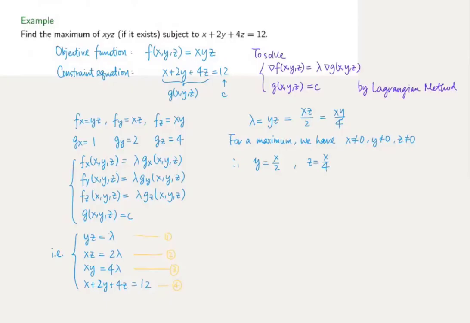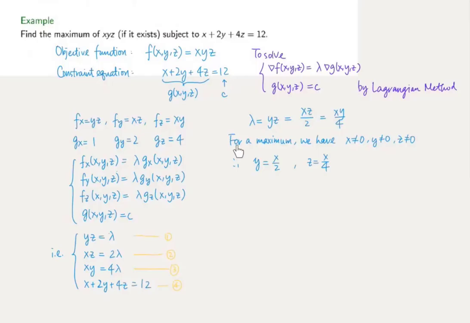Since we are asked to find the maximum of this function x times y times z subject to this constraint equation, we observe that in order to have a maximum, we shouldn't choose a point where any of x, y, or z is equal to 0, because it will give an output equal to 0, whereas there are still other points which satisfy this constraint equation, but have x, y, z non-zero, and they will give an output which is even higher.